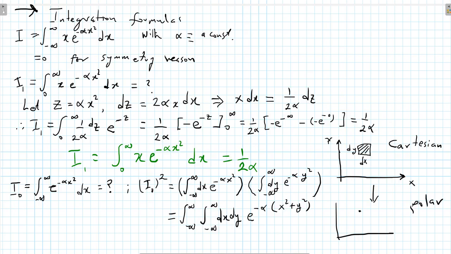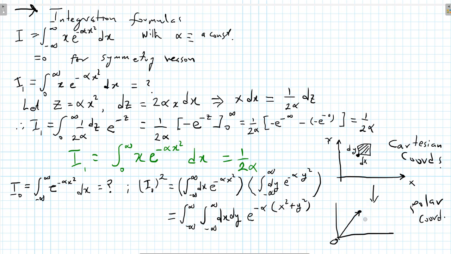Polar coordinates, Cartesian coordinates. Here we can think of a point, which is represented by x, y. In the polar coordinate system, points are represented by r and theta. r is the length connecting the point to the origin, and the origin is 0, 0.